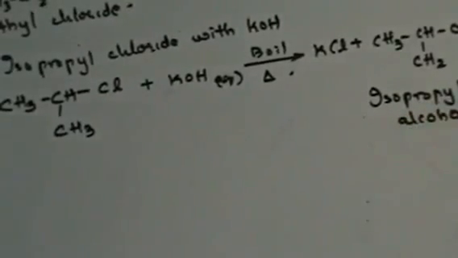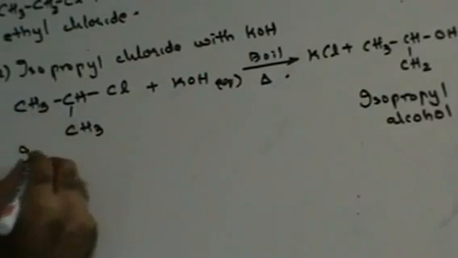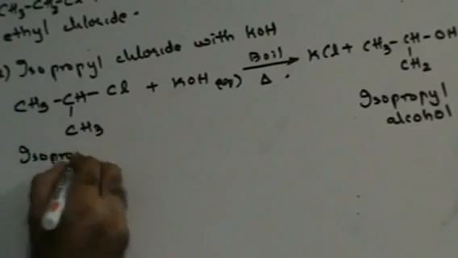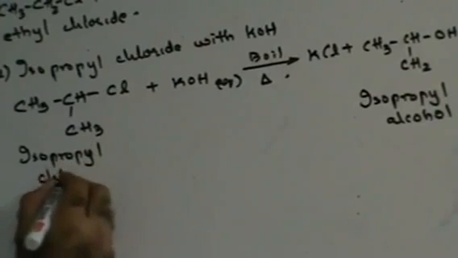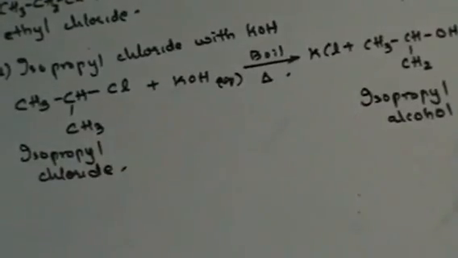Three carbon atoms, therefore propyl, methyl group is in the branch, therefore isopropyl, and OH, therefore alcohol, and this is isopropyl chloride. Right? Next, let's try to see another reaction.